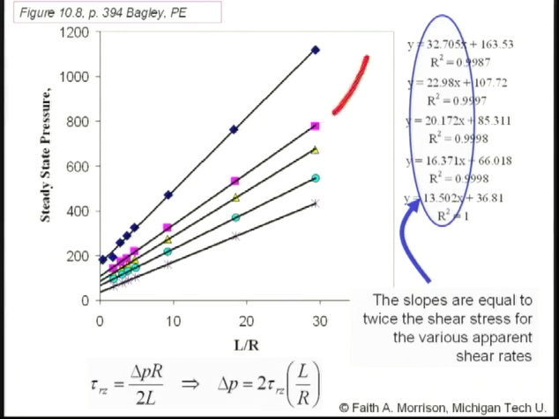And that's because we're getting to very, very high pressures. And at those pressures, the polymers themselves can be compressible. So we always look for a straight line on the Bagley plots as well to see whether or not there's a pressure problem.